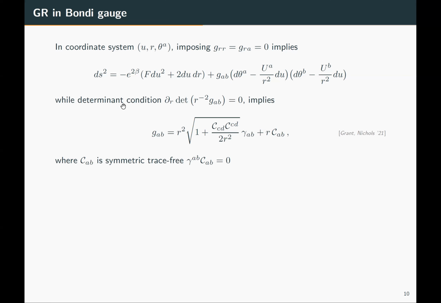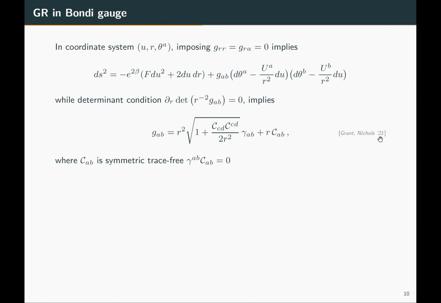And then we have an additional condition on the determinant of this spherical component of the metric. Interestingly, this determinant condition specifies the form of this g_AB to be of this form, where gamma_AB is the unit round metric on the sphere, and this calligraphic C_AB is a symmetric trace-free tensor on the sphere. You see that the trace part is completely fixed by this trace-free part.